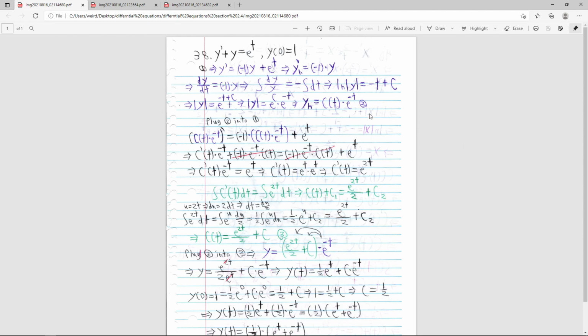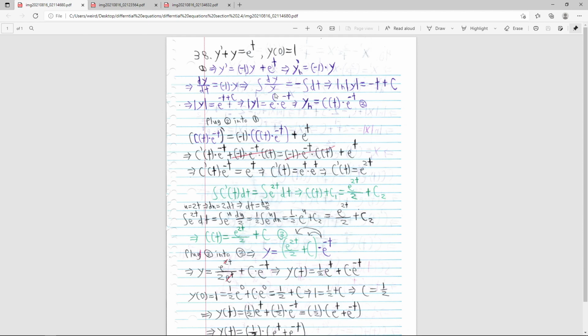so real quickly, we have equation 1, and we solve for the homogeneous solution, which is just like before. It's the same process. I don't know how to explain it besides what's on the paper.